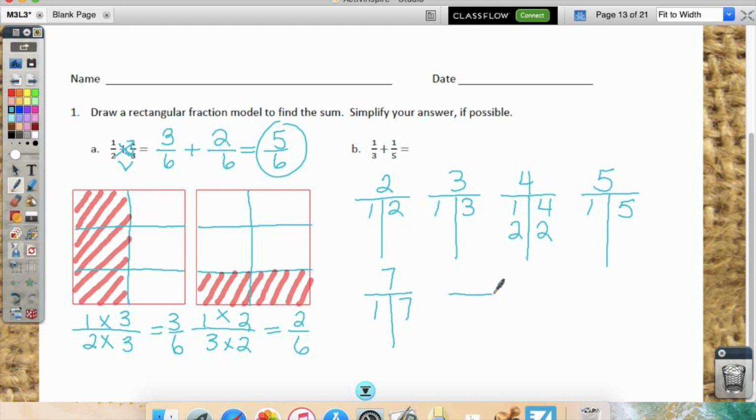Let's see if it's the odd numbers. 1 and 9. And 3 and 3. So, is it the odd numbers? No. It's just certain numbers, like 11 and 13, 17, 19. Okay? Maybe 23. But there's not very many large ones.